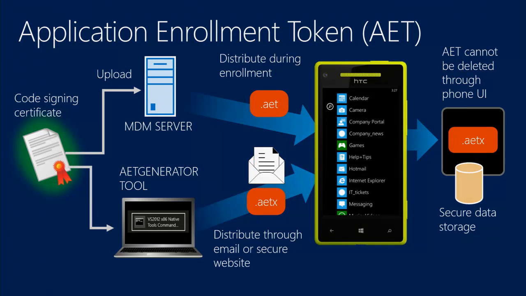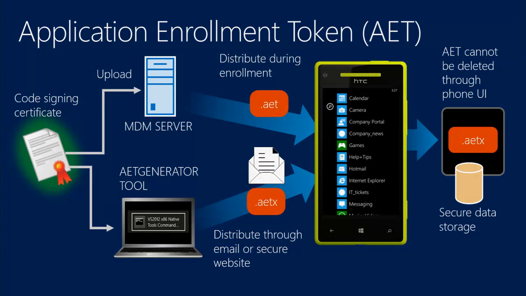So if you're using an MDM server, this will automatically get provisioned and done for you. It's distributed through enrollment with a device, while if you use the AET generator tool for an unmanaged distribution, you have to go into the AET tool in Visual Studio and enter a small code, which is available on the Windows Phone Developer Center.